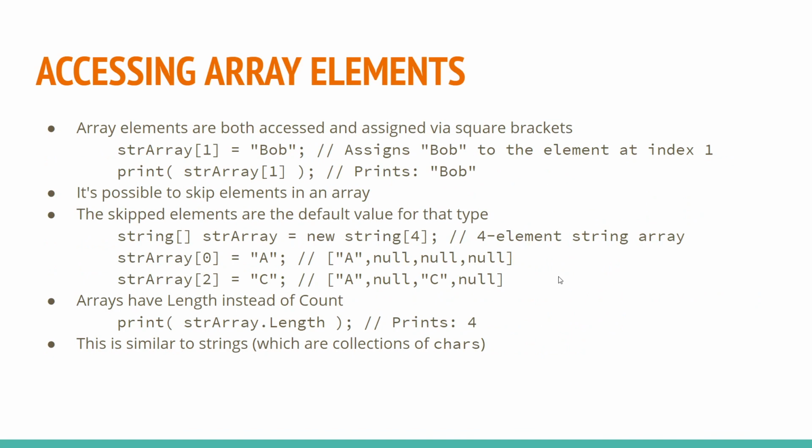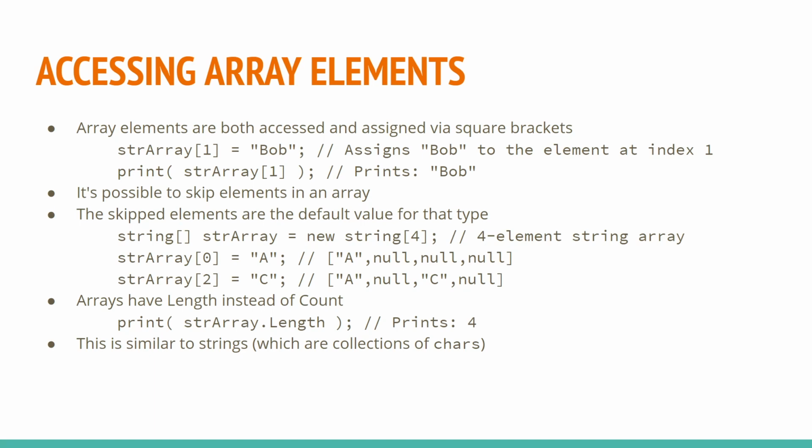They're accessed and assigned via square brackets, as opposed to adding and removing and so on. You access them, say string array 1 equals Bob, and Bob gets assigned. There's no pushing or moving things around. You're just putting that string at that location. And if you refer to string array 1, Bob is what you get.